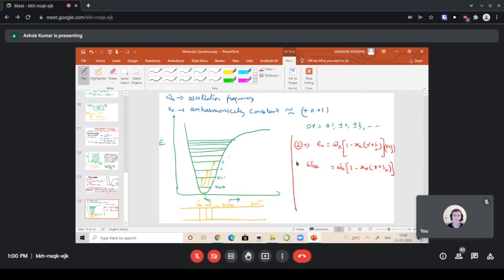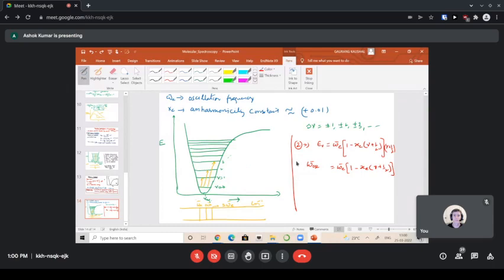Okay, if you find out these energies, we go from V equal to 0 to V equal to 1.